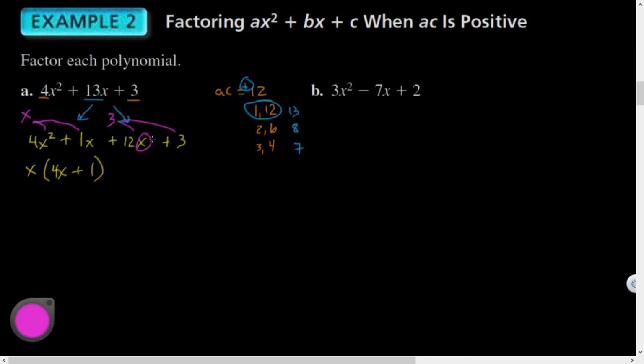And this one has an x, but this term doesn't, so I can't steal an x with it. And this is a positive 3. I need to have a plus sign here. So I'm going to write plus 3, and then outside parentheses, I've got to figure out what would have given me this. So 3 times what is 12x? 3 times what is 12?